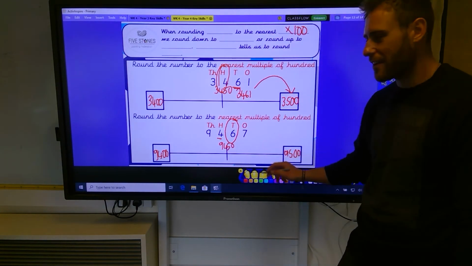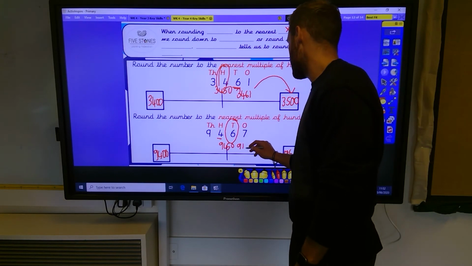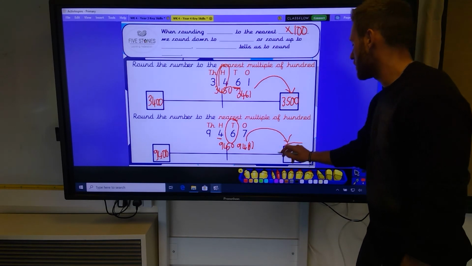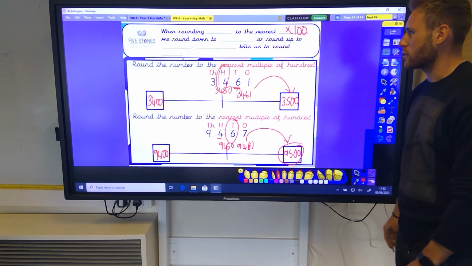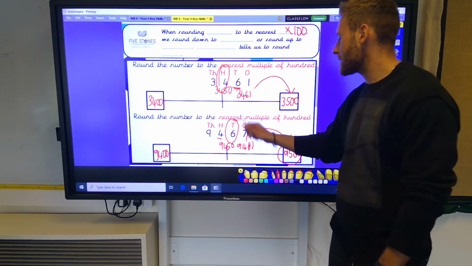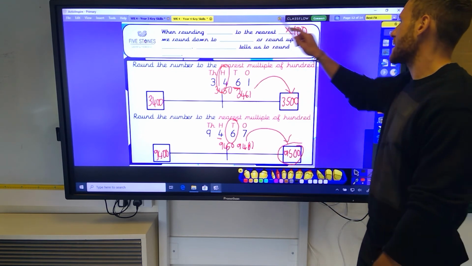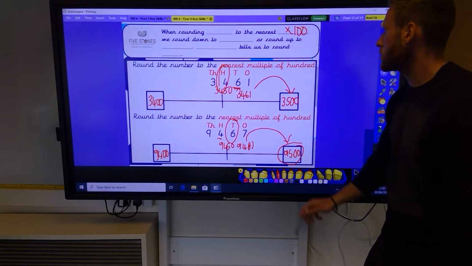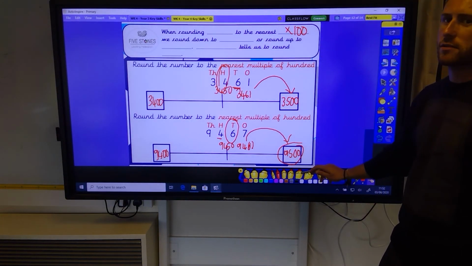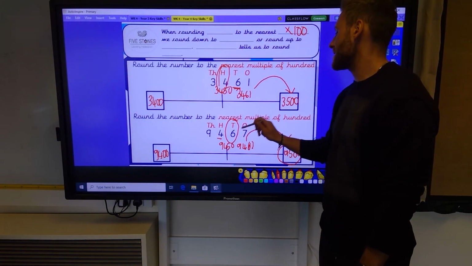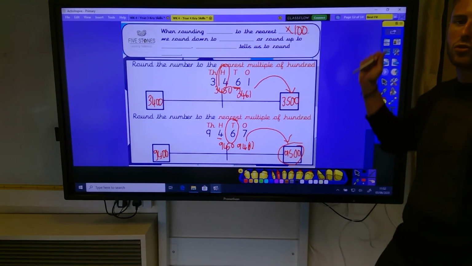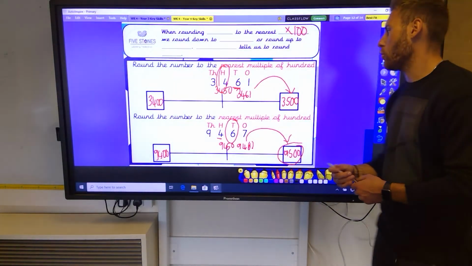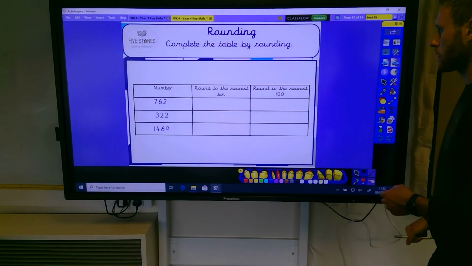So 67 is going to be towards this side, meaning we needed to round up to 9,500. So when we're rounding 9,467 to the nearest multiple of 100, we round down to 9,400 or we round up to 9,500, but then 6 tens tells us we need to round up. 5, 6, 7, 8, 9, we round up to the next multiple.